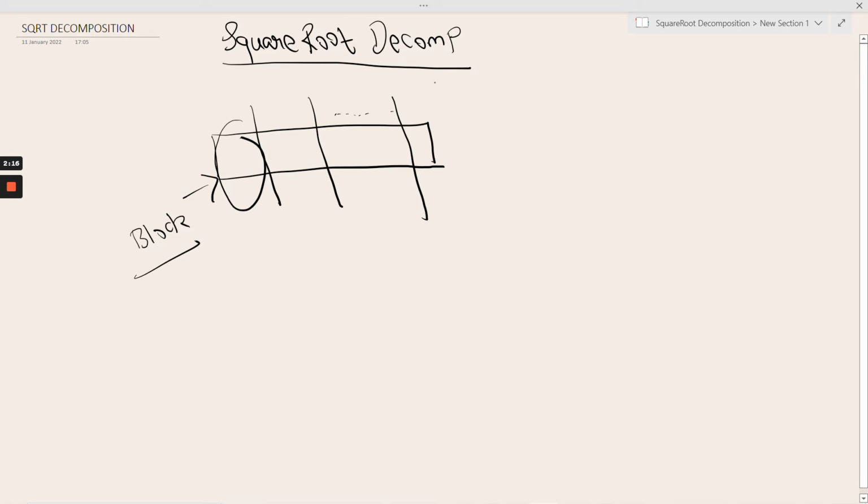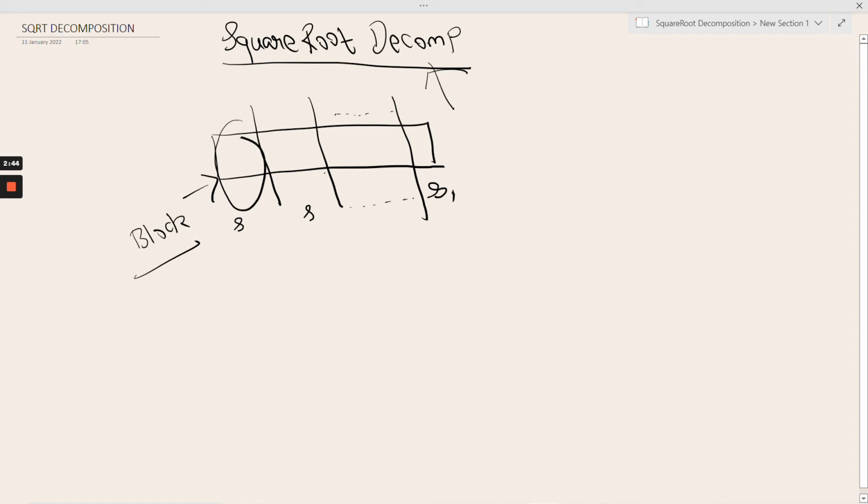So decomposition simply means dividing your array into blocks, and each block will have a specific size. Let us say its size is S. Each block will have the same size, except the last one, which can vary. Like this will be S1, not necessarily S, and we will see the reasoning behind that.